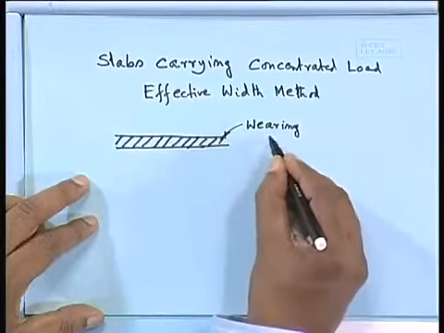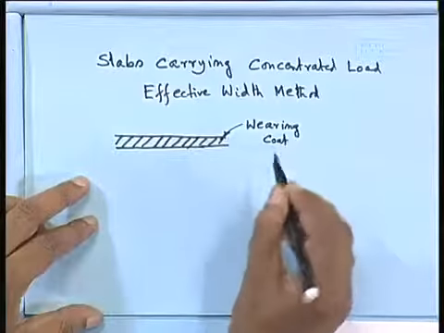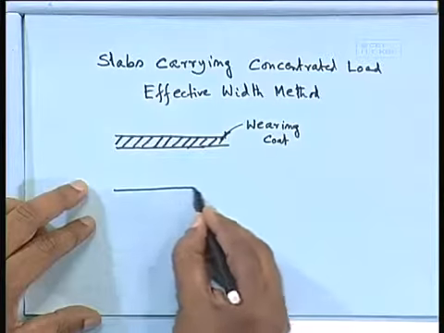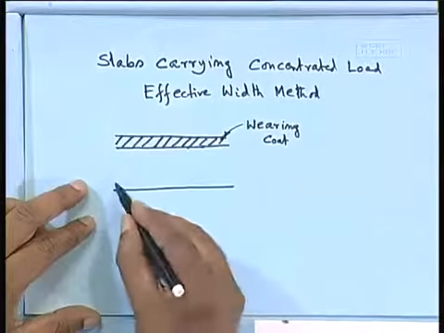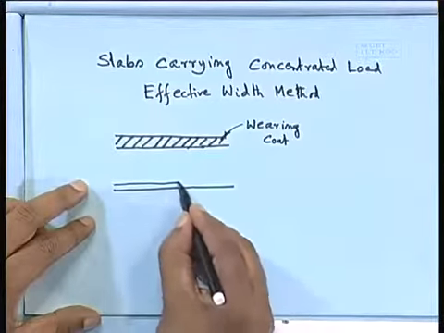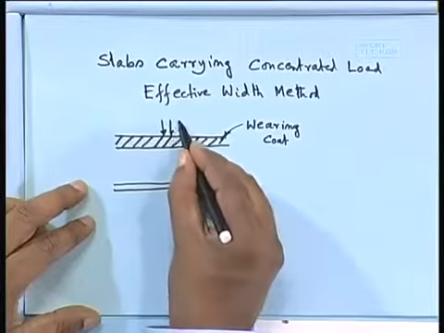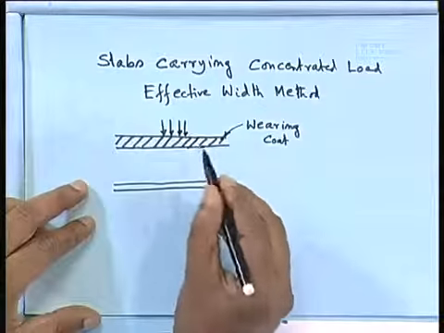This is not reinforced, okay, and then we have the bridge deck slab. Let us say up to this is the reinforcement, and this is the loading, that concentrated load having a certain area.